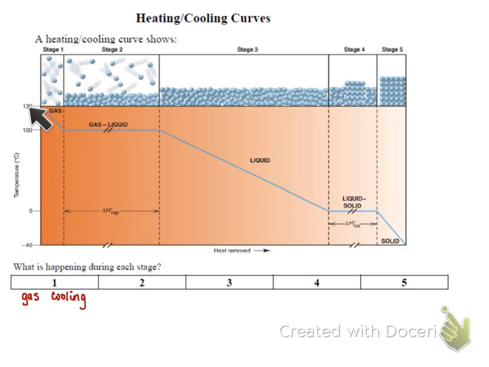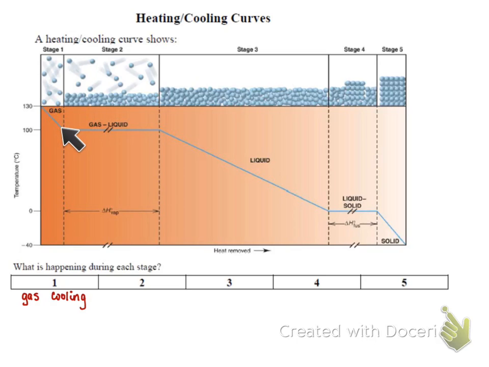We start out at positive 130, which is the gas phase, and notice that these pictures have nice particle diagrams that show you that the gas particles are far apart and they're moving quickly, bouncing against the walls. And when we remove heat from our gas at 130, it's going to cool down, and it's going to keep cooling down.